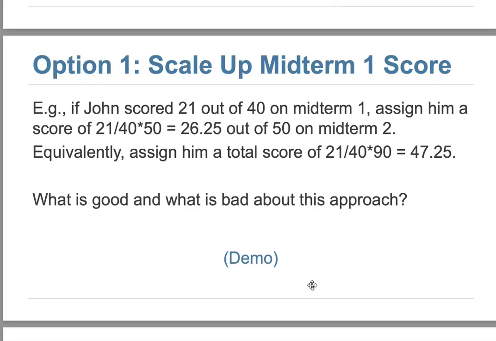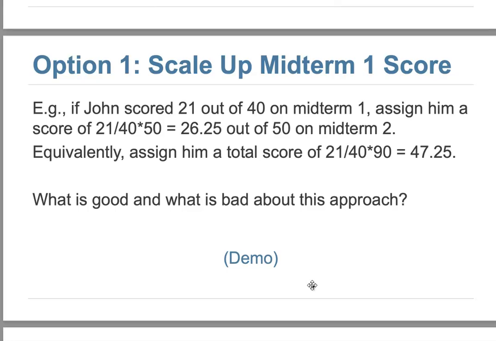However, we have 2 midterm exams. Unless the difficulty of the two exams is similar, scaling is okay. But for example, if midterm 1 is easier and midterm 2 is more difficult, John will be happier because he uses the same scale for midterm 2.